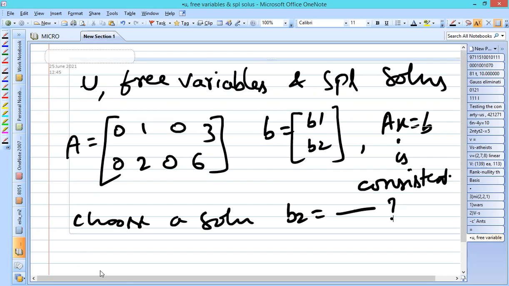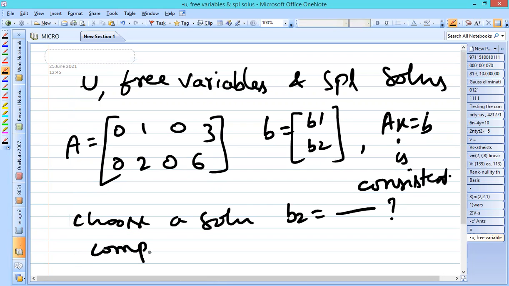Choose a solution when B satisfies B2 is equal to dash. Find the complete solution.